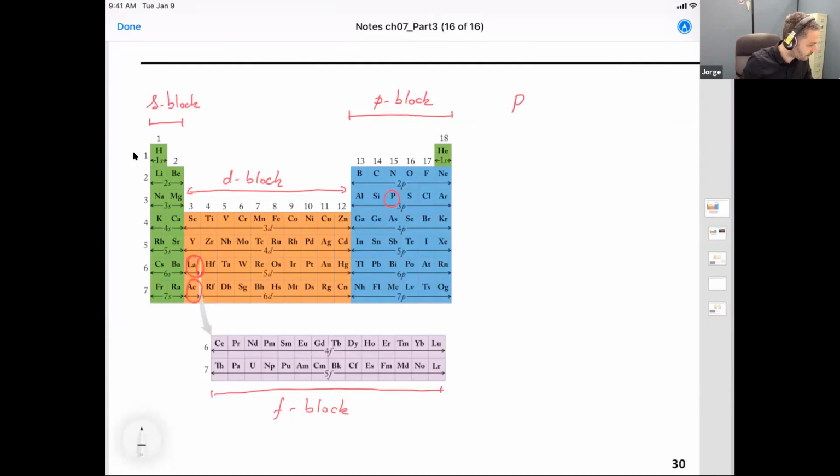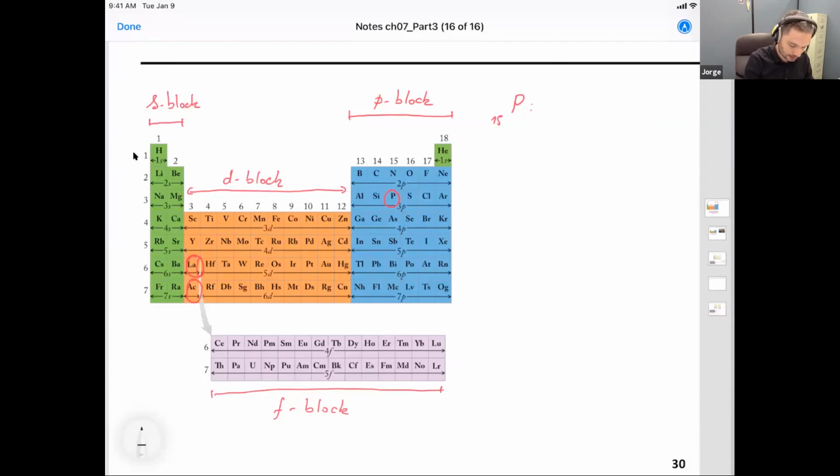Phosphorus has atomic number 15. So the trick here to get the electron configuration of the phosphorus is starting from the top and moving all the way to phosphorus and then filling the orbitals.